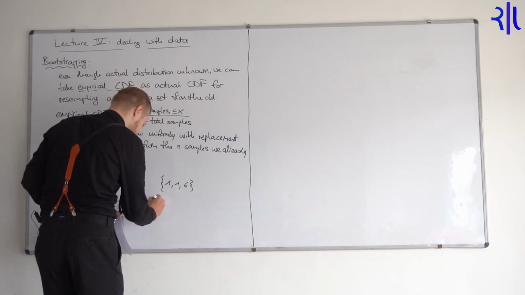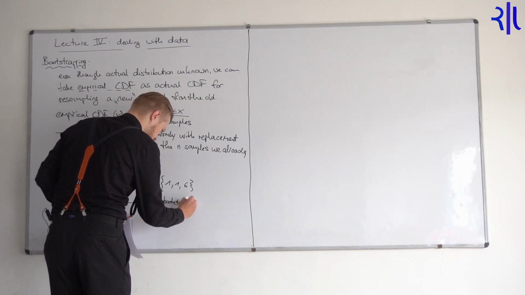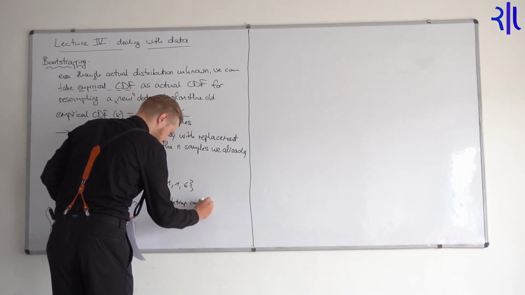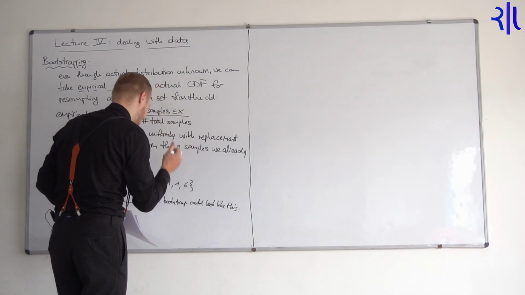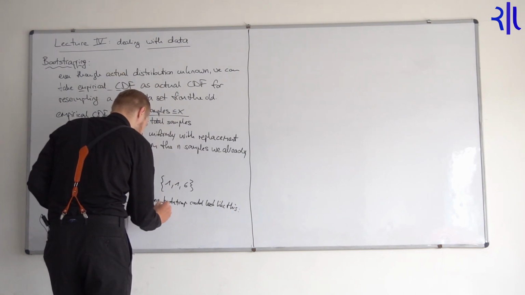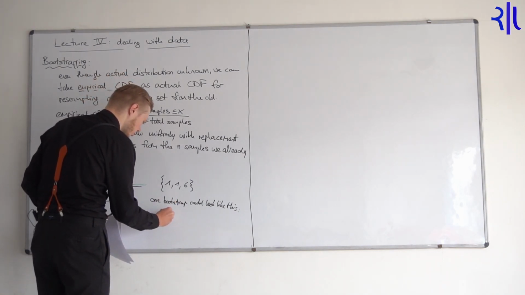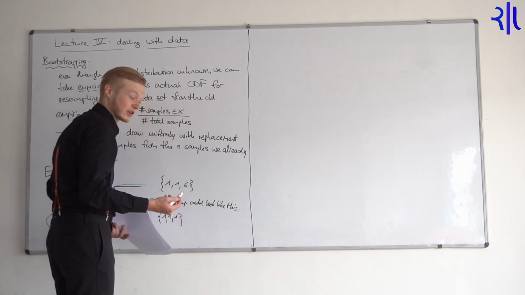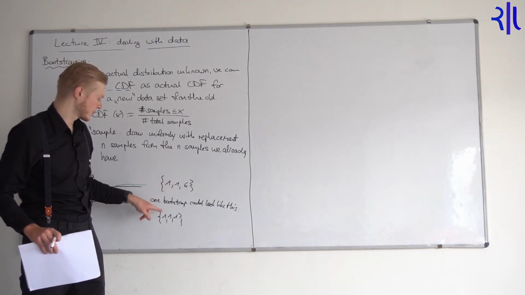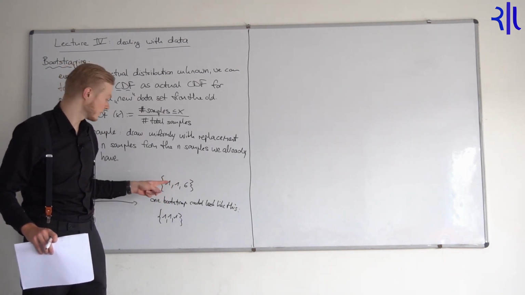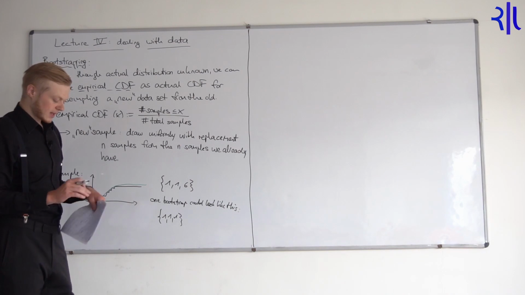So one bootstrap sample could look like this: it could be 1, 1, and 1, for example. What would happen is randomly we get one of the 3. We could have gotten 1. We take randomly another one more time one of the 3. Could have gotten again 1, and so on.